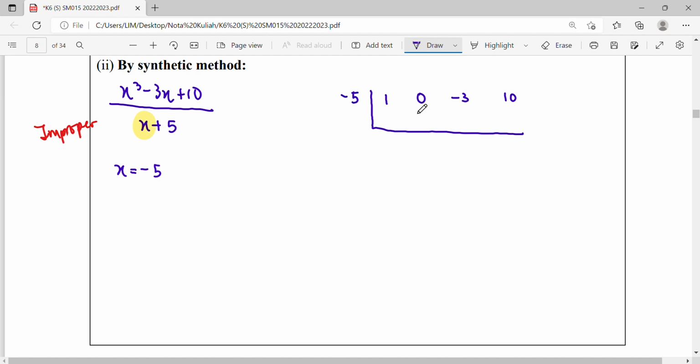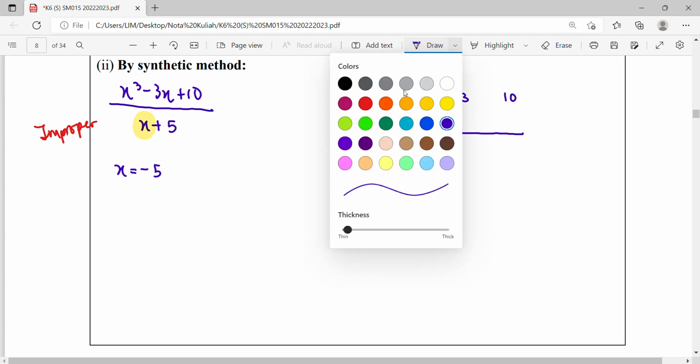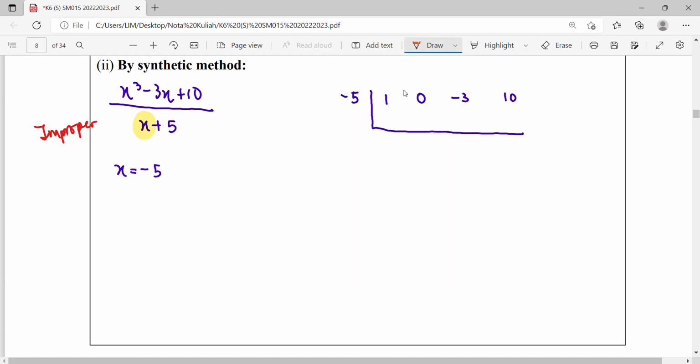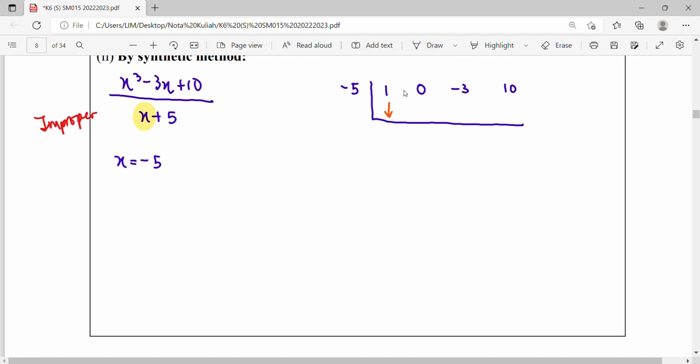So how do we do our synthetic method? First, take down our value of 1. Then we multiply with negative 5 and write our result here: 1 multiplied by negative 5 is negative 5.